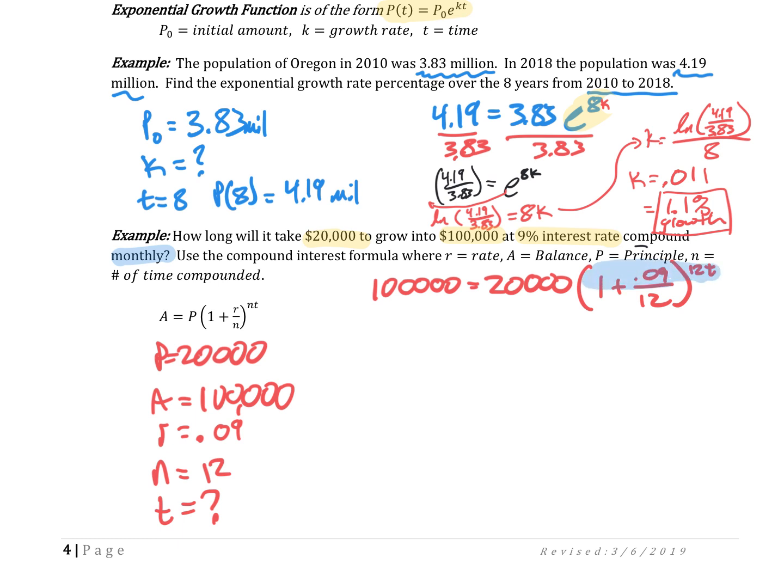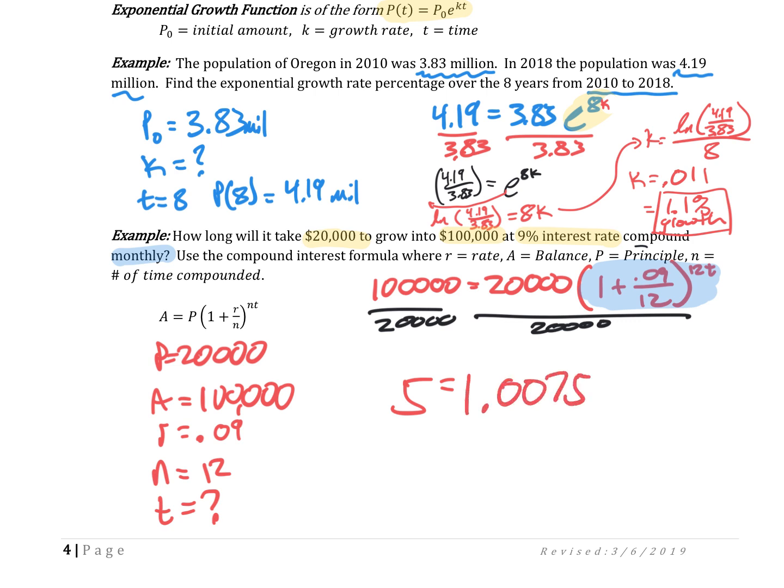The key is we want to get this whole thing by itself first. That's our exponential. So let's divide both sides by 20,000. And 100,000 divided by 20,000 is just 5. So 5 equals, and I'm going to go ahead and get this as a decimal, 1.0075 to the 12t. That's a little easier to work with than that fraction.